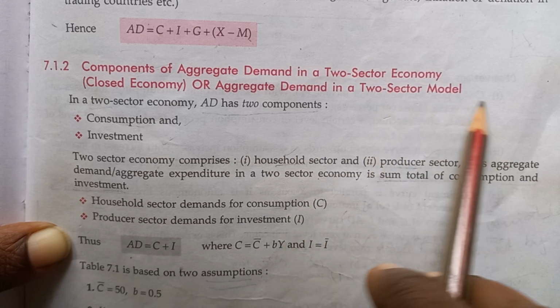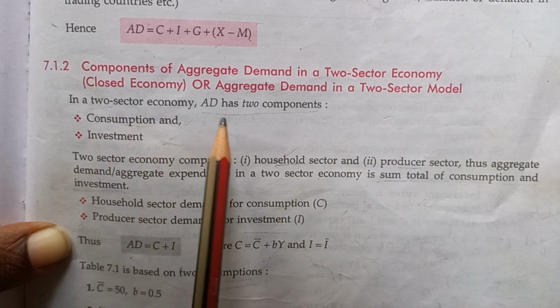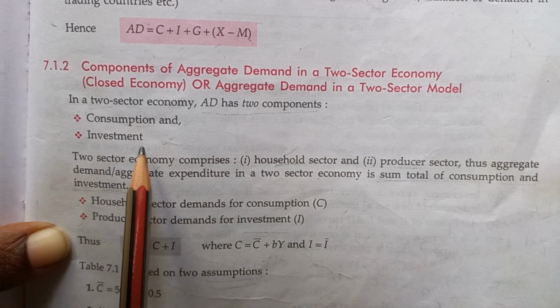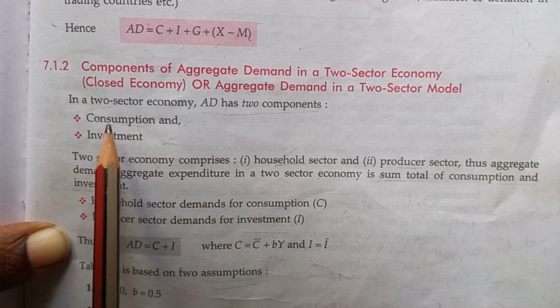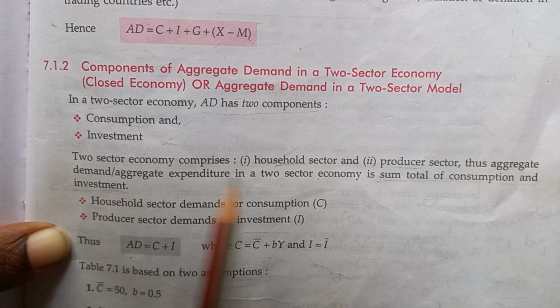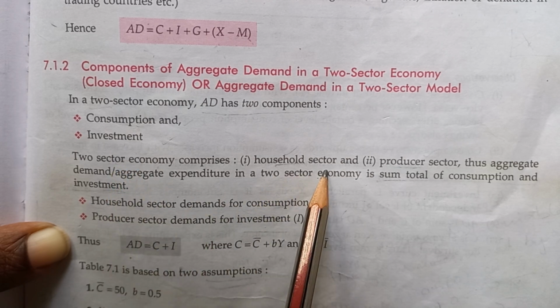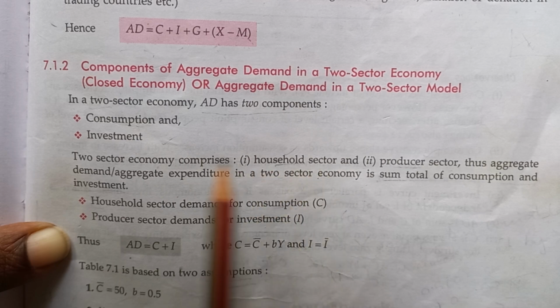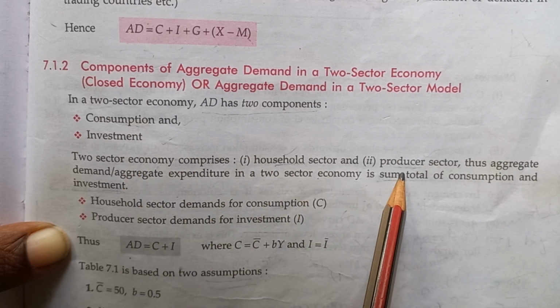In a two-sector economy, aggregate demand has two components, consumption and investment. Only two components. This consumption and investment come from the household sector and the producer sector. Consumption from the household sector and investment from the producer sector.